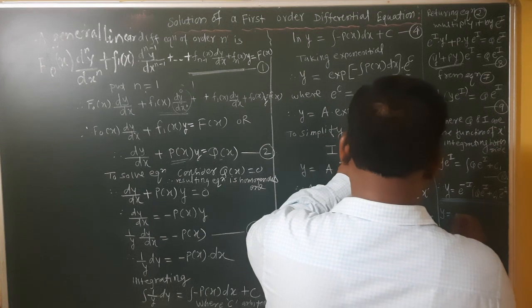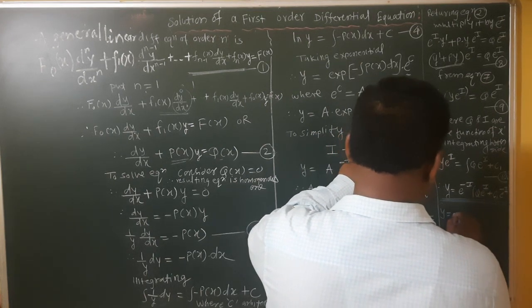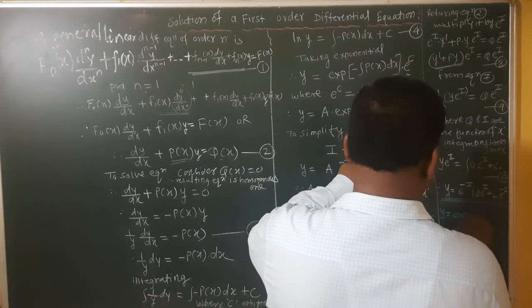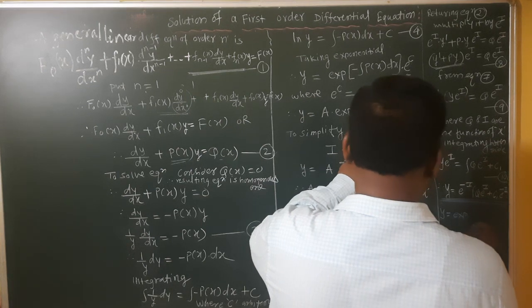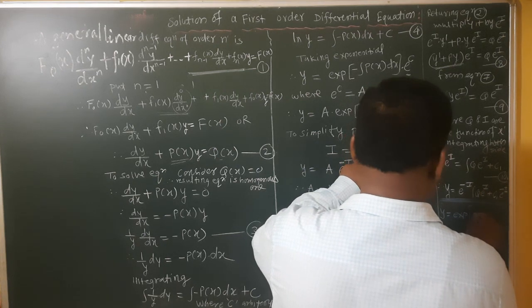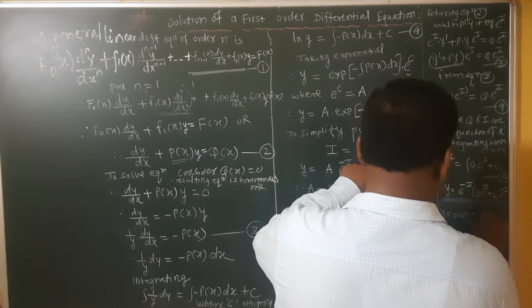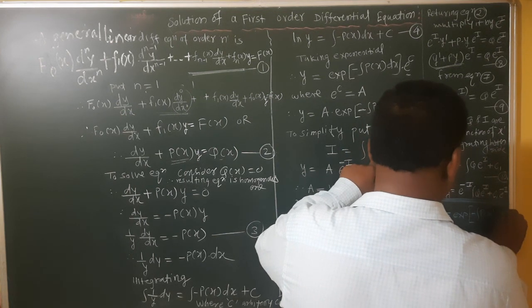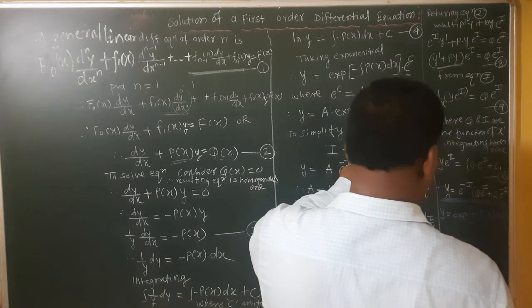This is exponential of integration of minus p of x into dx, this bracket.